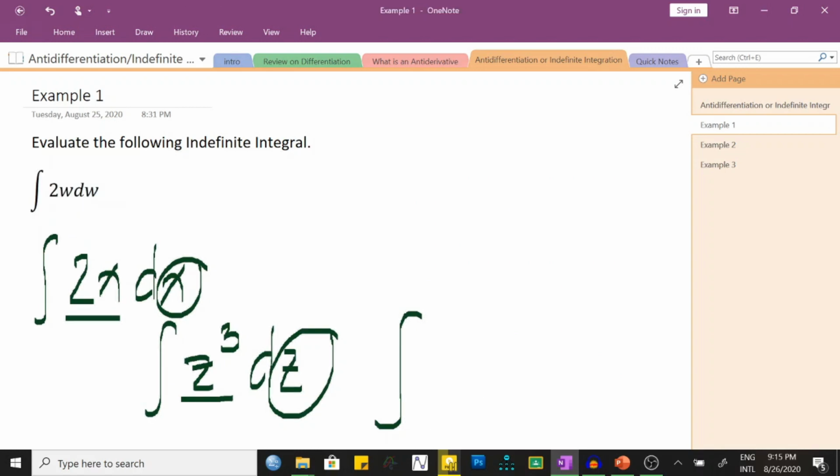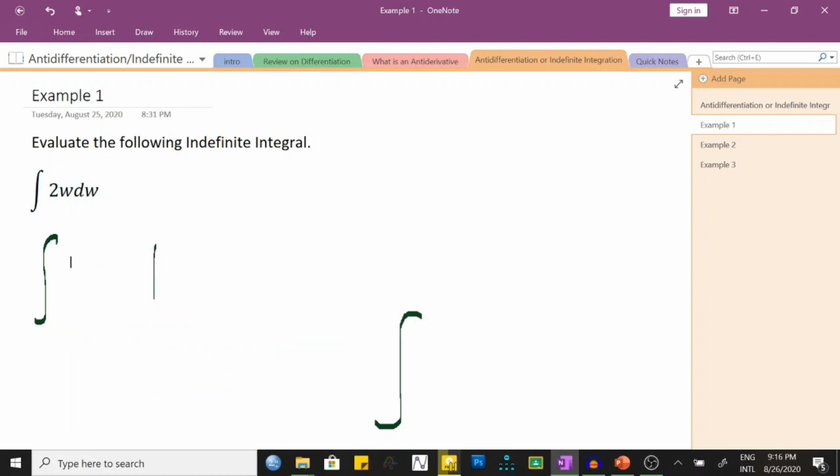Let us erase this one. Let us try to give the answer for the indefinite integral of 2w dw. So again, what is this problem all about? We are trying to look for all possible antiderivatives, hence this notation that we see here.